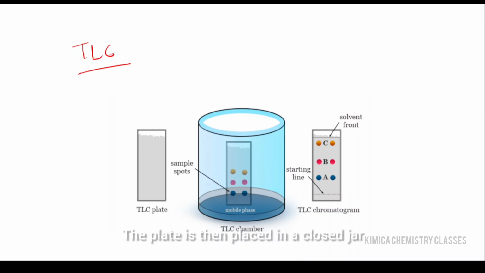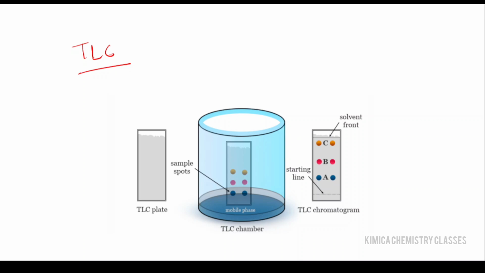So as the eluent rises up the plate by capillary action, it carries the components of the mixture with it. The different components move at different speeds based on their differential adsorption to the stationary phase and their solubility in the mobile phase. This is TLC.